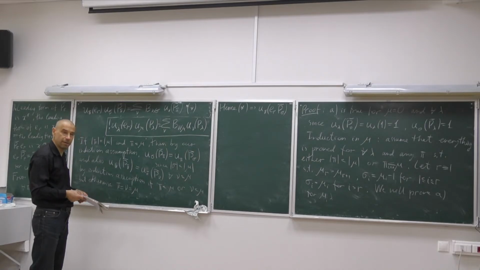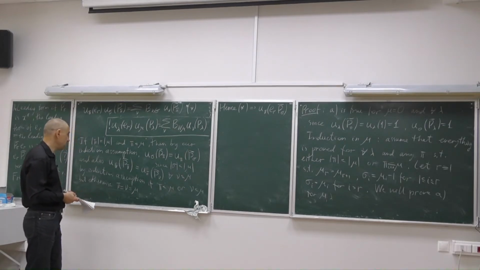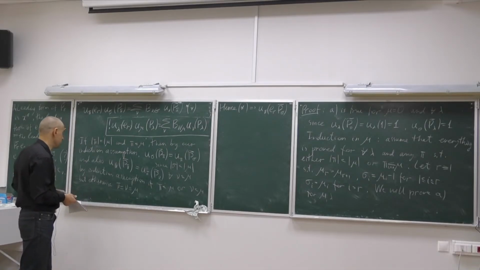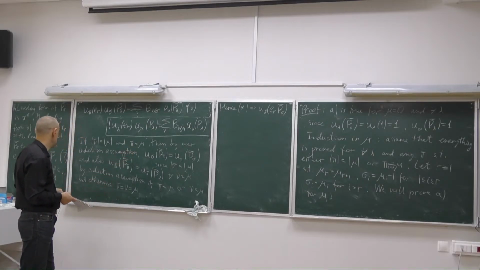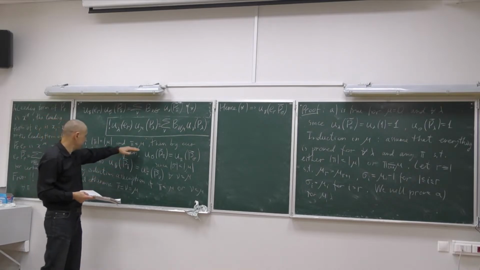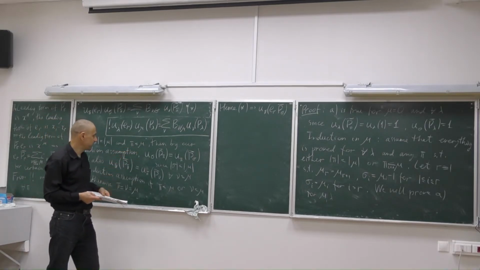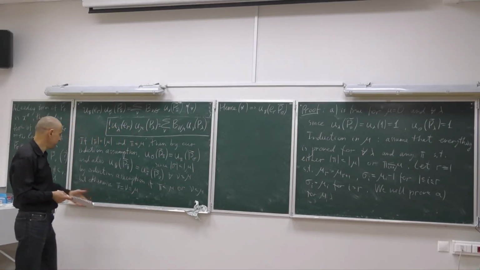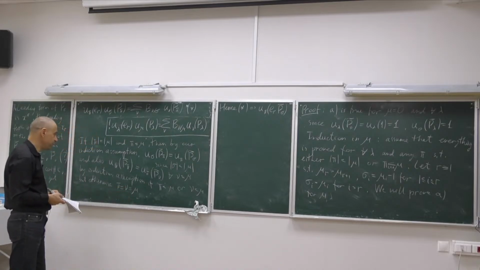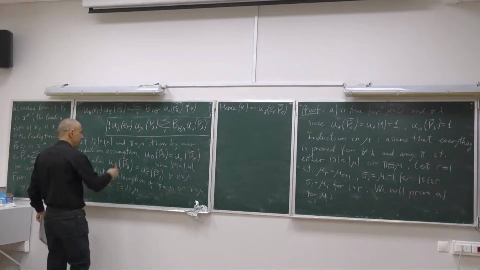Why can't it be larger? We assume that pi is at most mu, nu is at most mu, so either they're smaller or equal, and if equal, then it's tautological. The order here is lexicographical, everywhere.